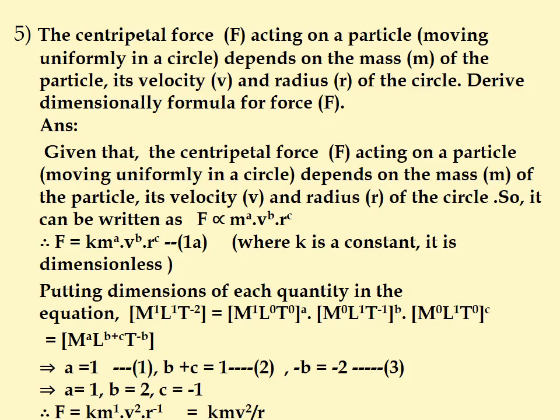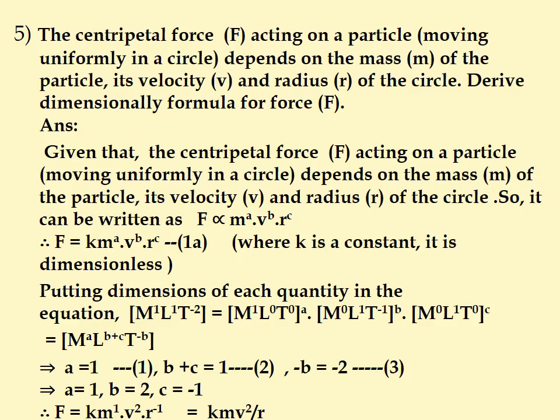Derive dimensionally the formula for force F. Solution is, given that the centripetal force F acting on the particle depends on the mass m of the particle, its velocity v and its radius r.